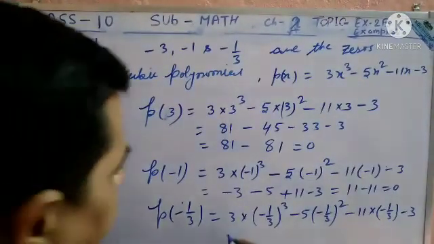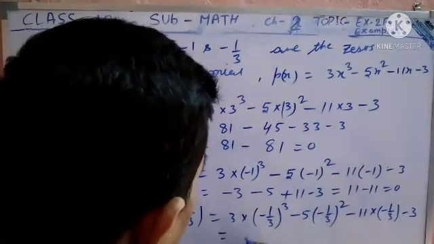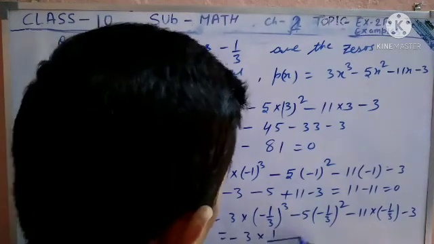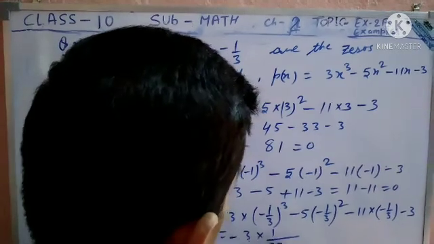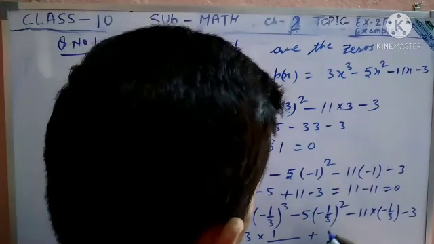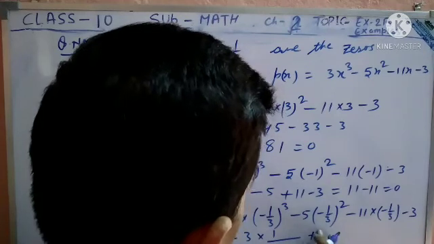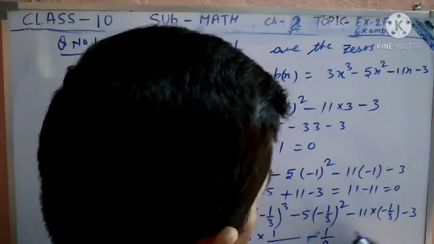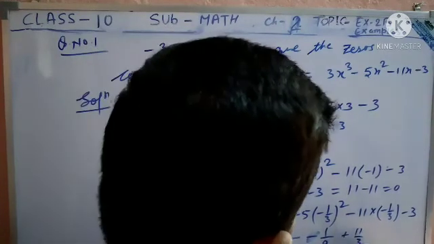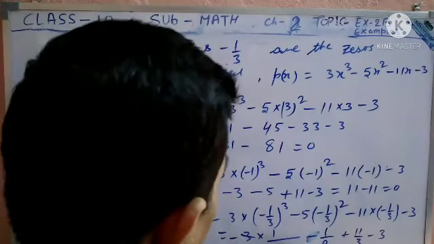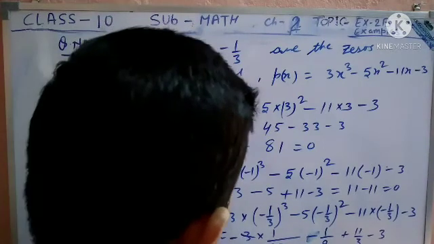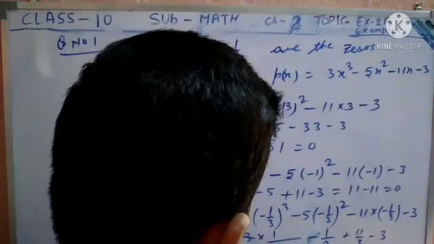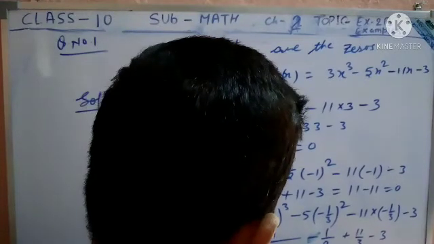So that is minus 3 into 1 by 27 plus minus 1 by 9 plus 11 by 3 minus 3, that is minus 1 by 9 minus 1 by 9 plus 11 by 3 minus 3 by 1.